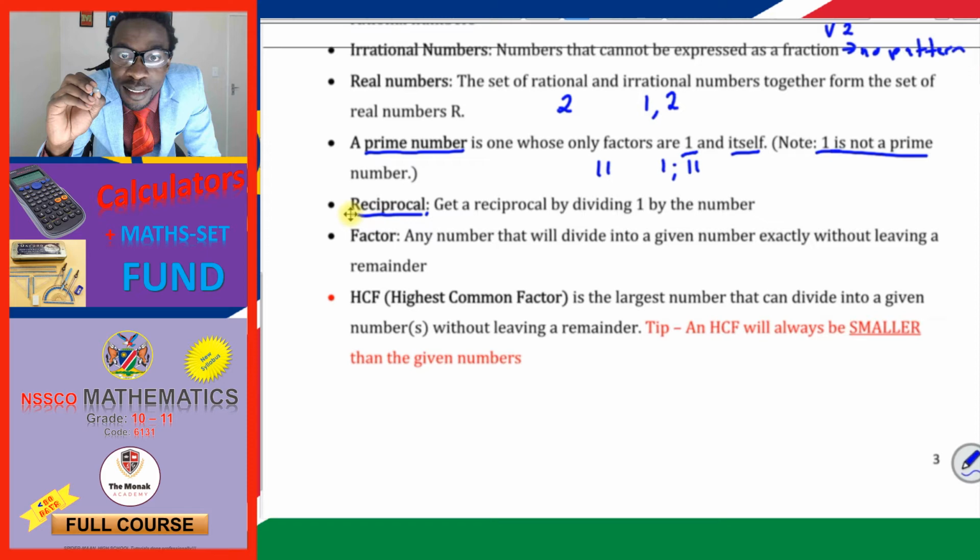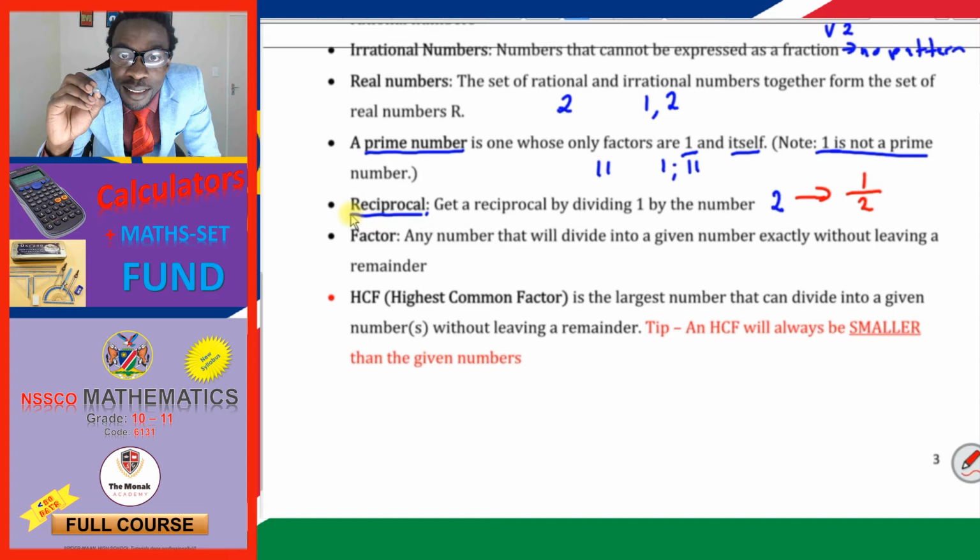Let's say you have the number 2 and you want its reciprocal. You simply add 1 on top of the existing number, 2. So the reciprocal of 2 is 1 over 2, which is a half.